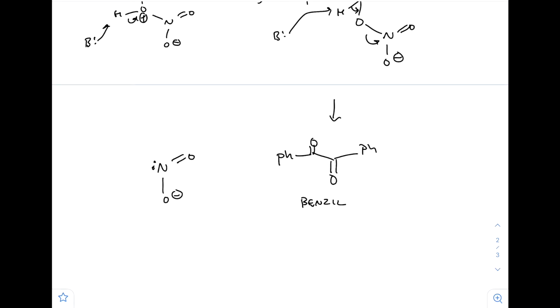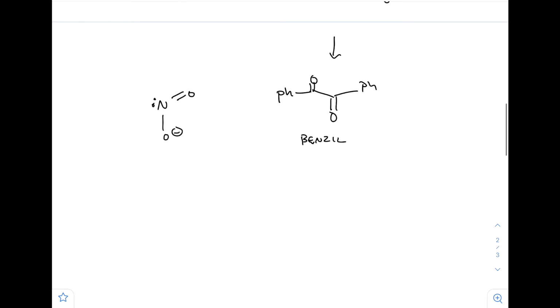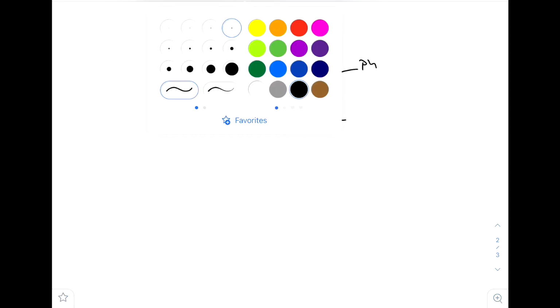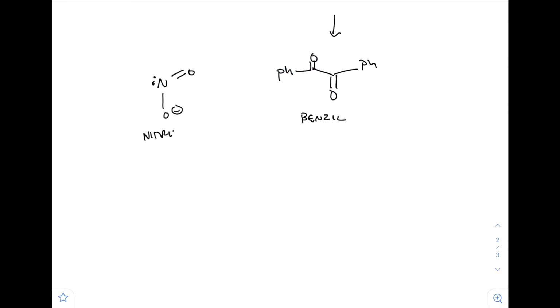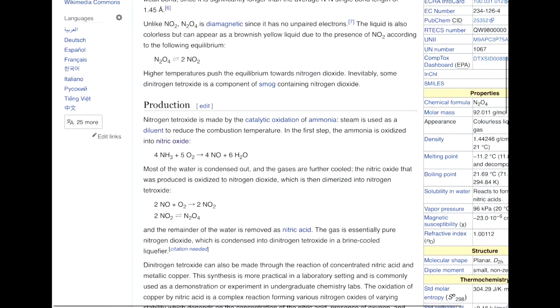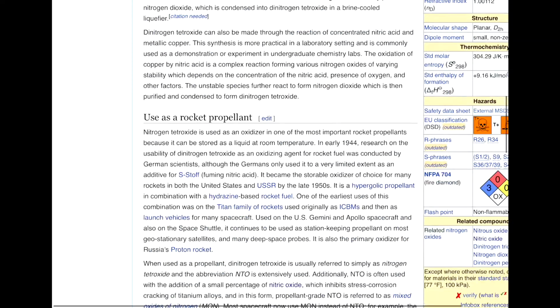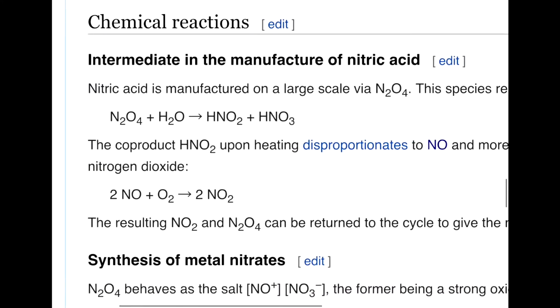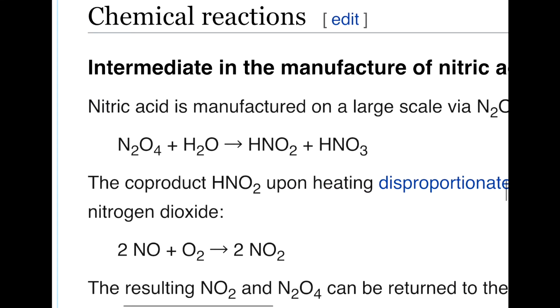Okay, so remember this guy right here, this is nitrite, right? And nitrite can form nitrous acid, but basically let's go back to this wiki page real quick. So I think I remember what I wanted to show you. Nitrous acid. If you look at this scheme right here, I can't really point it out with my pen right now, but you have N2O4 plus water goes to nitrous acid and nitric acid, right?